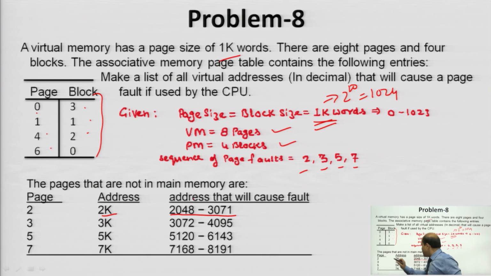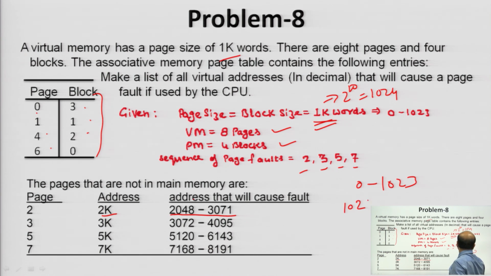So, the first page address range is 0 to 1023, and 1024 to 2047 will be the addresses for the second page, and likewise we can assign different values for the page faults.